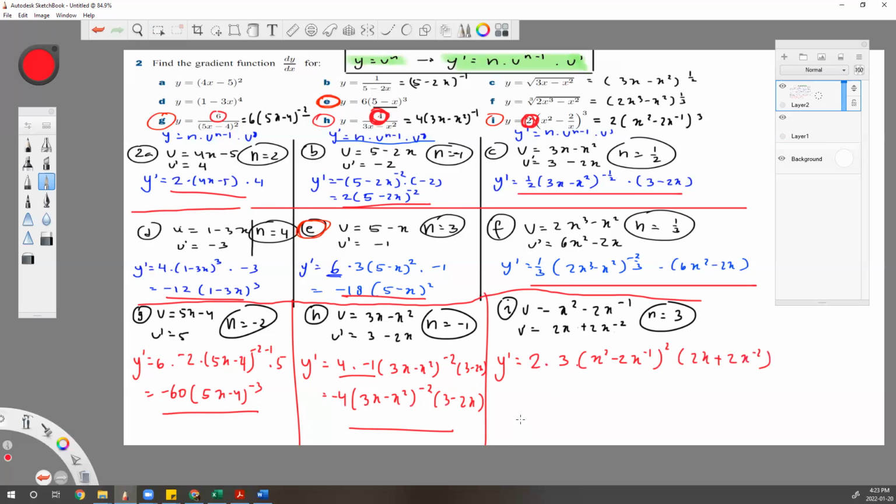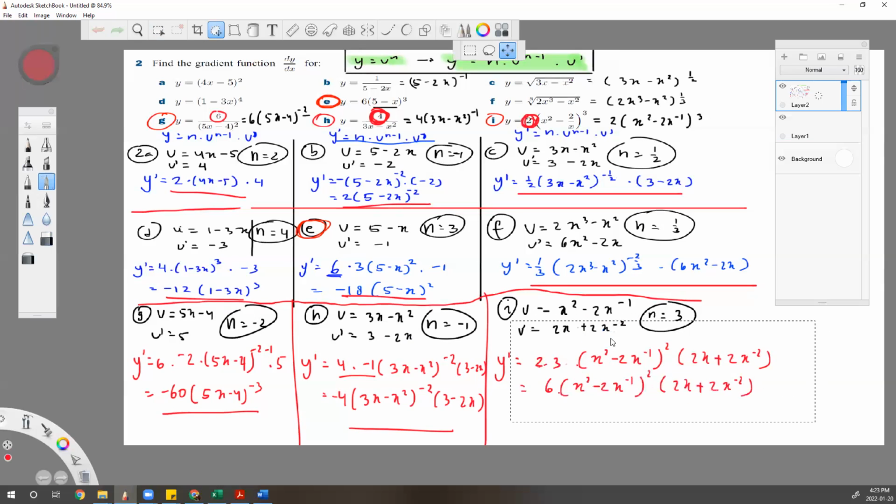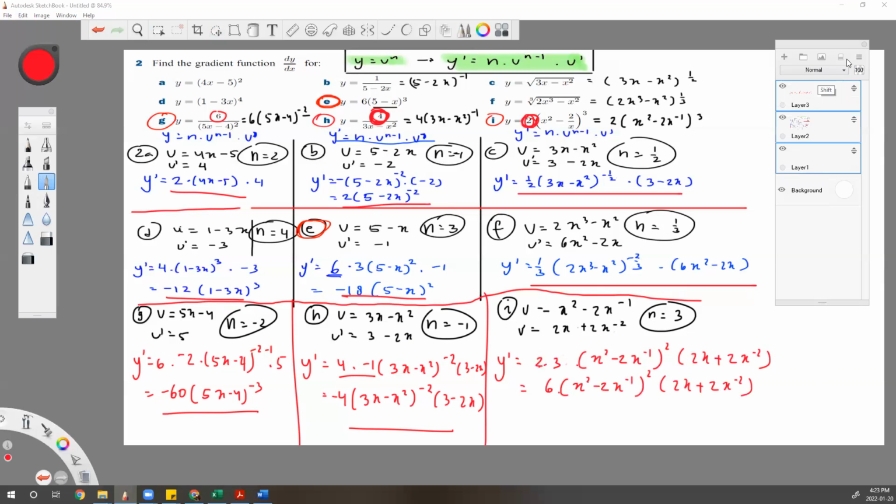Or we can just change 2 times 3 to 6, right? Done. 2 times 3 becomes 6, and we can continue the working. There you go. I'm too lazy to write it down. So for number 2 we're done.